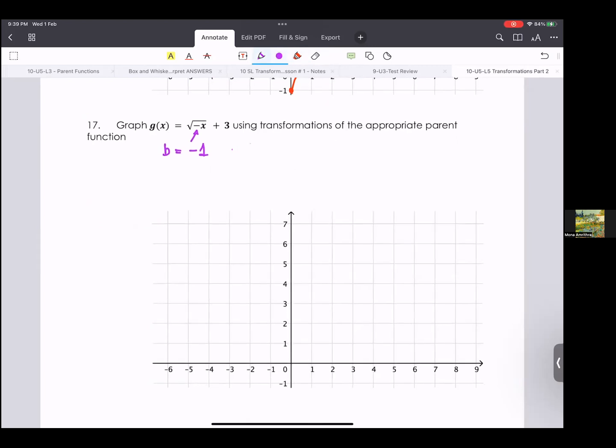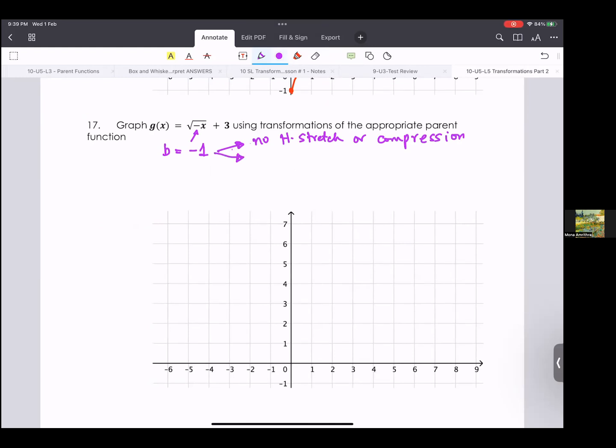Oh, there we go. This means no horizontal stretch or compression. You don't have to write that on a test. I'm writing this here to add clarity.